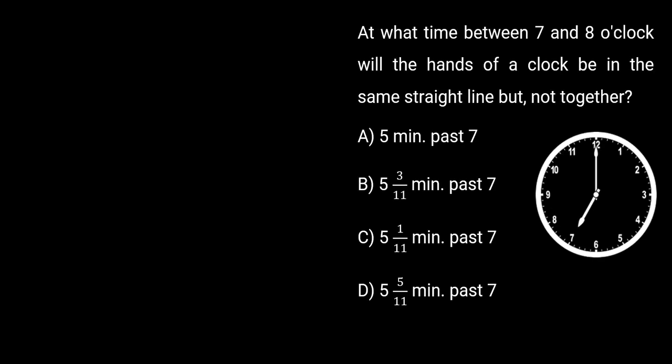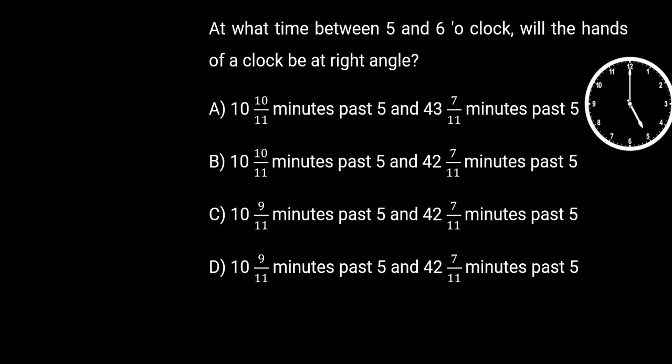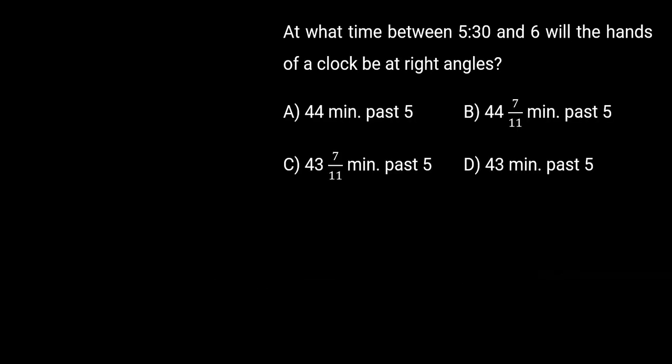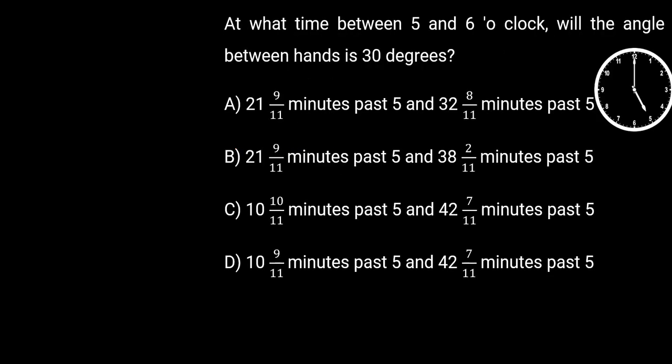Now D. A. Correct in fact. See, 5 seconds. Without doing the right angle concept, you are able to put the answer. What is the answer here? C. Correct. Answer.